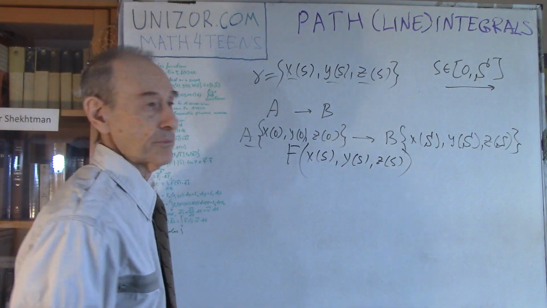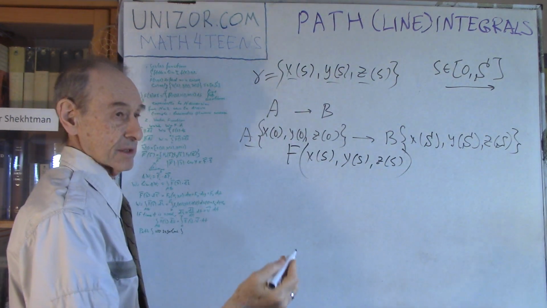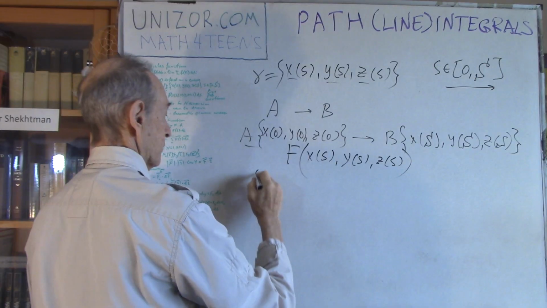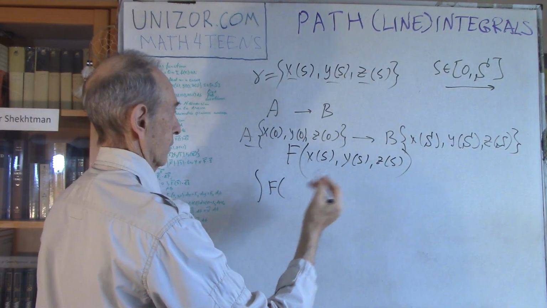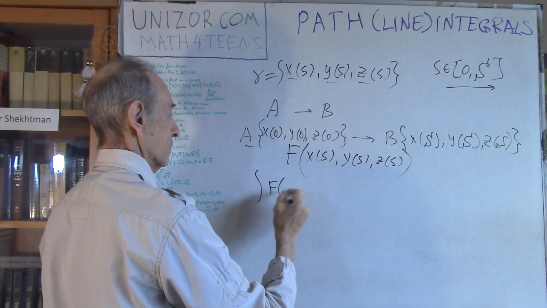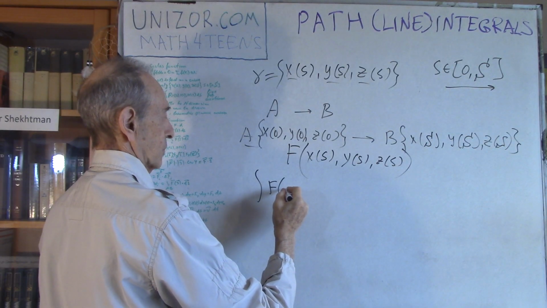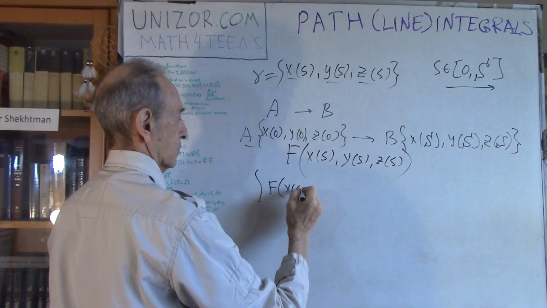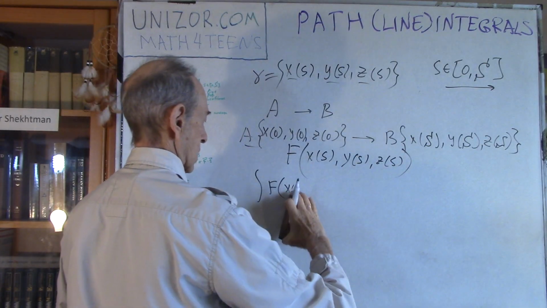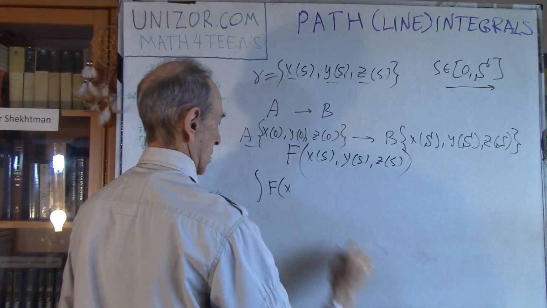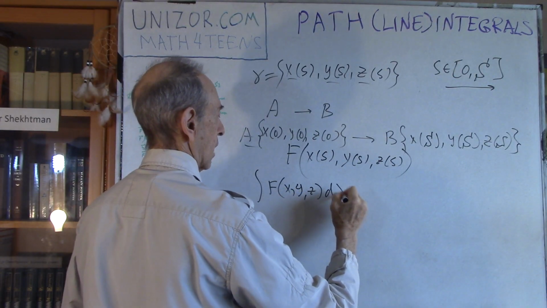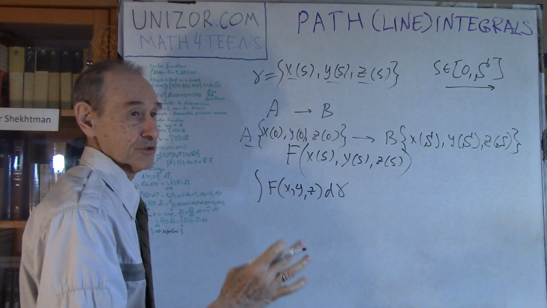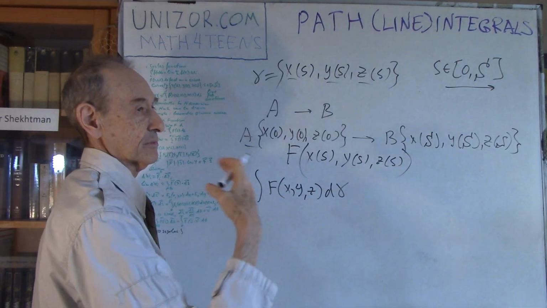This is a curve. So I basically define the integral of function f at some point, x, y, z, d gamma. I use d gamma without actually defining it, this is all kind of a symbolic thing.